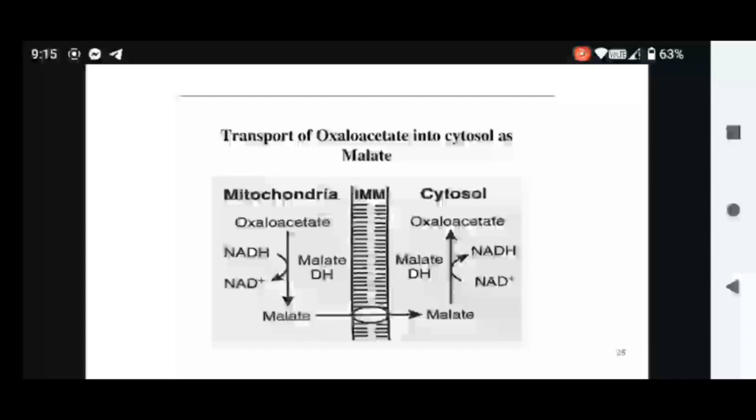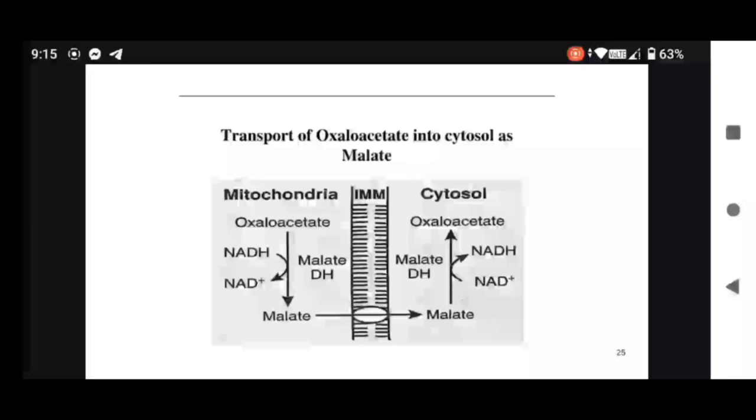First, the conversion of OAA to malate in the mitochondria. The enzyme used is mitochondrial malate dehydrogenase, and the reaction is OAA plus NADH plus H+ equals malate plus NAD+. This reduction reaction uses mitochondrial NADH.